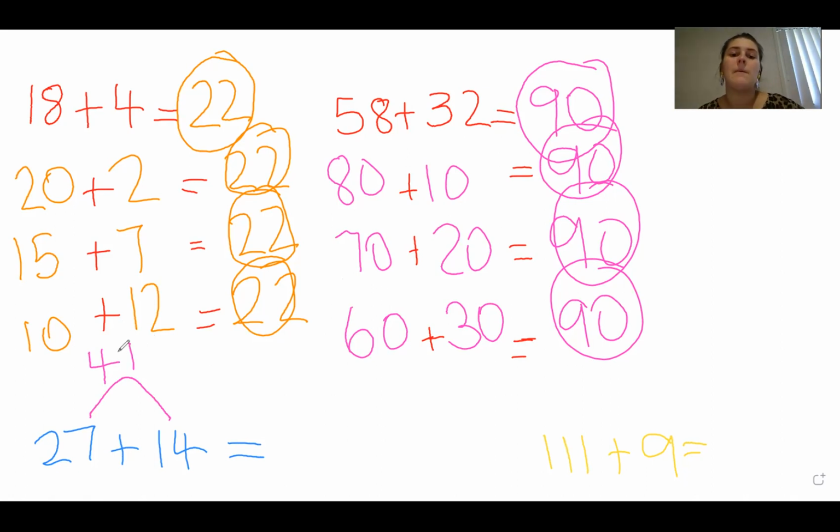So I know I need to come up with another addition sentence that is going to answer 41. I'm going to do 40 plus 1. You might come up with a more tricky one than that. So I'm saying that 27 plus 14 is the same as saying 40 plus 1 because they answer the same. The answer is the same on both of them.